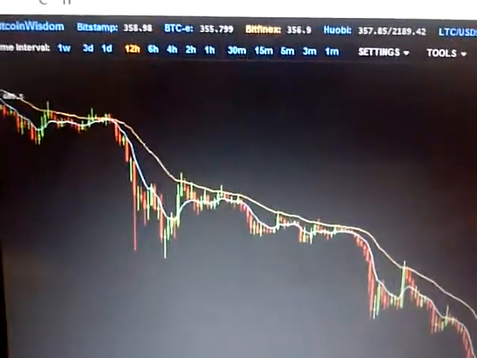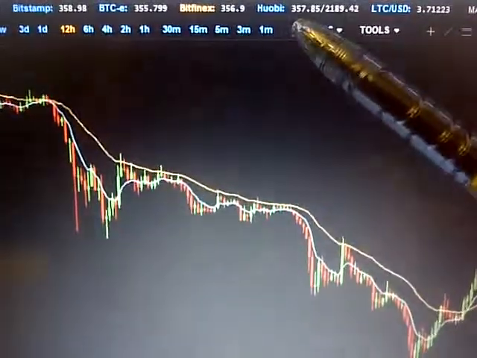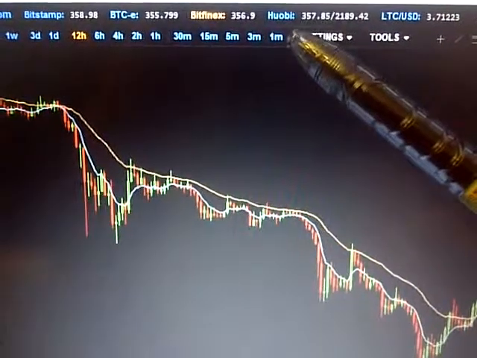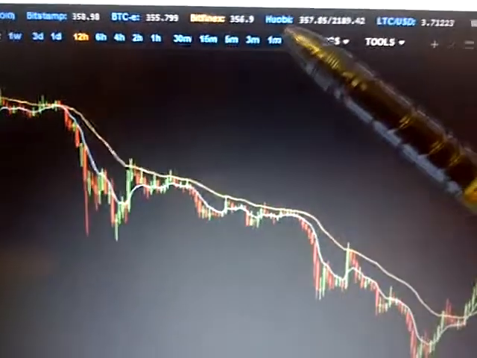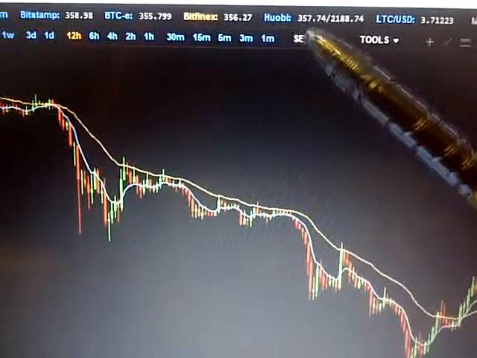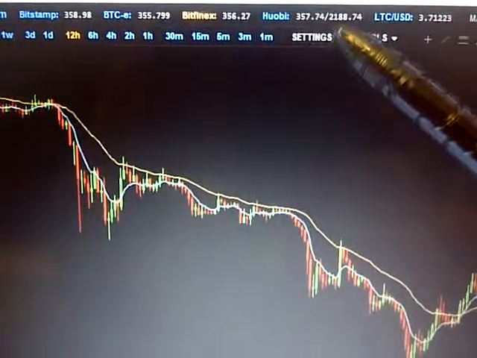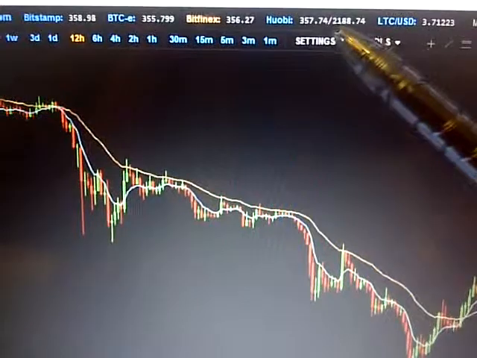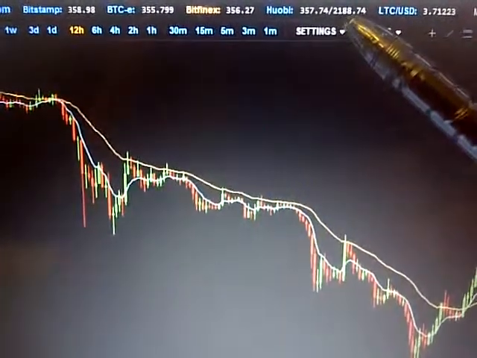And this is Bitcoin Wisdom here, and they have Bitstamp, BTC-e, Bitfinex, and then I believe it's called Huobi or Hobu or whatever they want to call it, the Chinese exchange, and they translate that into US dollars, so I can understand it. If they just had the Chinese currency, I wouldn't know the difference because I've never been to China.